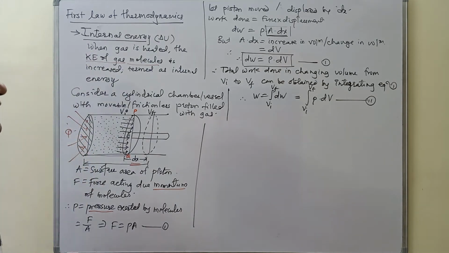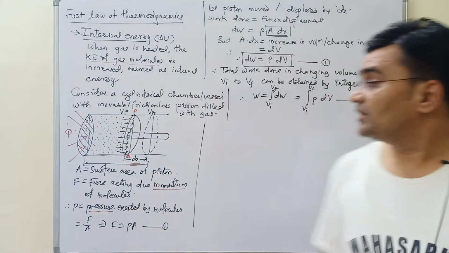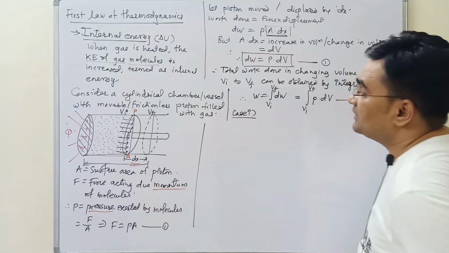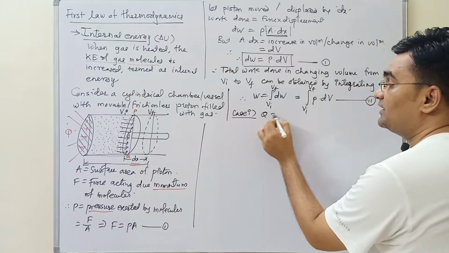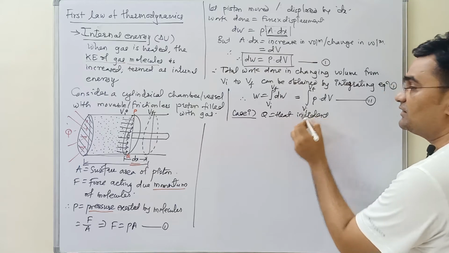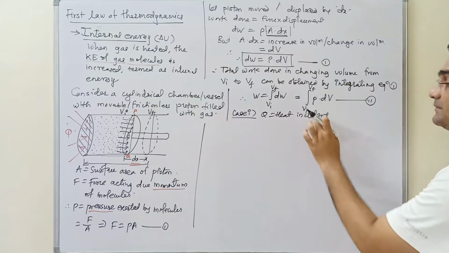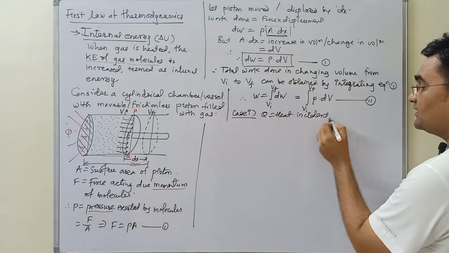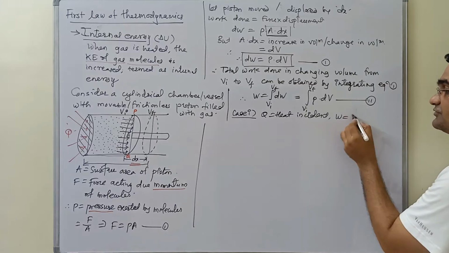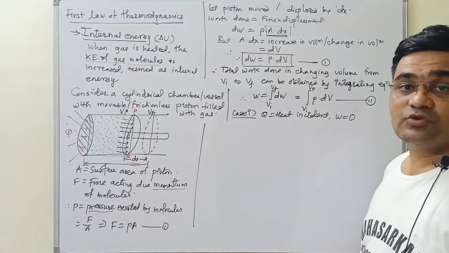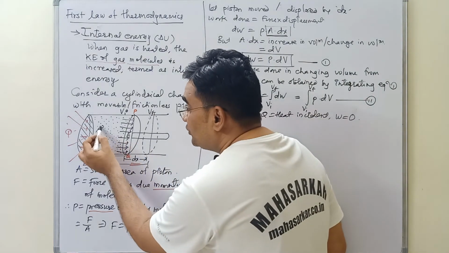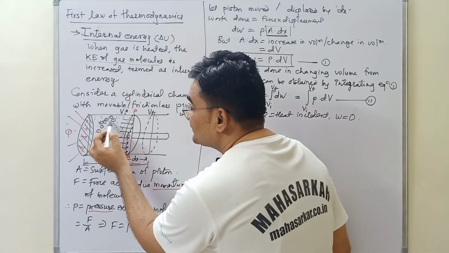So here, in short, say case 1, the first condition: Q is the heat incident on the chamber, heat incident on the material, but no work is done. Work done is what? 0. W is equal to 0. Then what has happened is only that the gas molecules have used the energy to increase their kinetic energy.